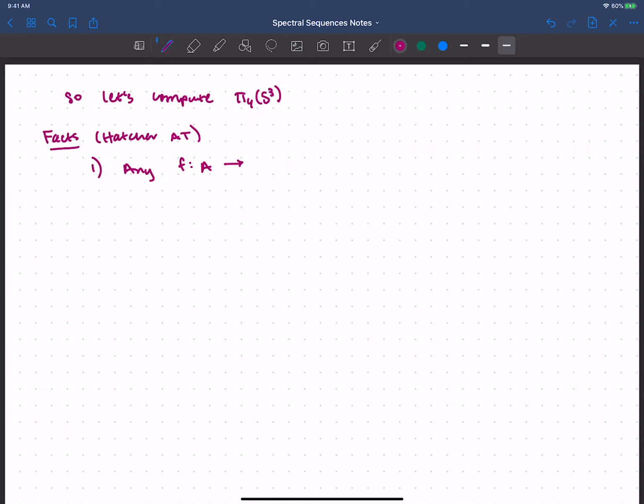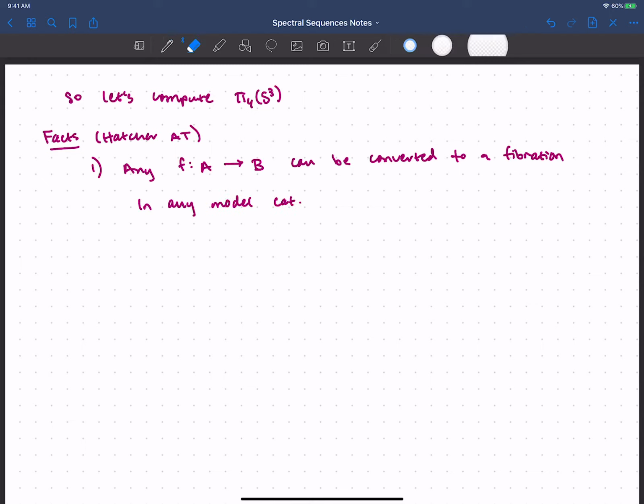So the first is that you take any map between spaces, f from A to B, and this can be converted to a fibration. Actually this is true in any model category. If you're familiar with model categories, there's not much to say here.